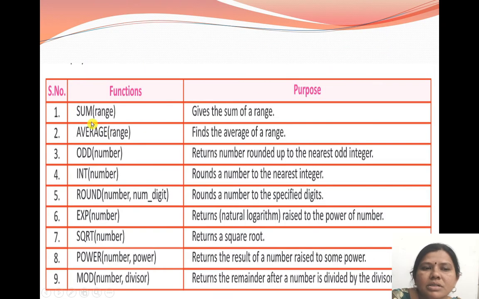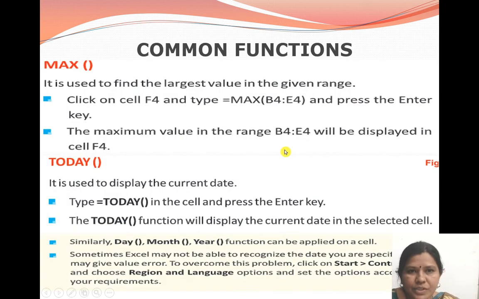Okay, next one, some function signs and their purpose. The SUM function we use to give the sum of a range, and AVERAGE to find the average of a range. Here are the purposes of these functions. Okay, next common functions, we are using maximum. Why are we using the maximum?